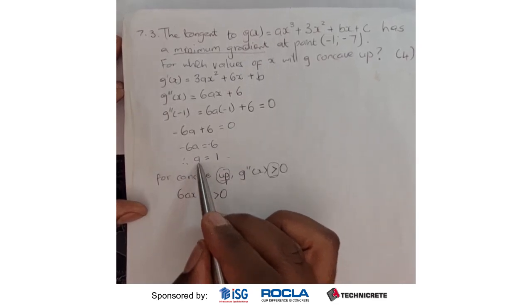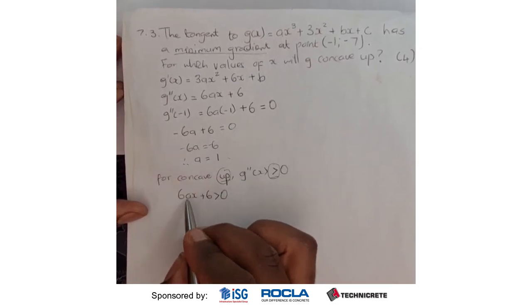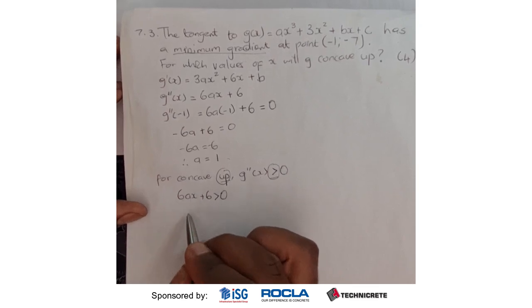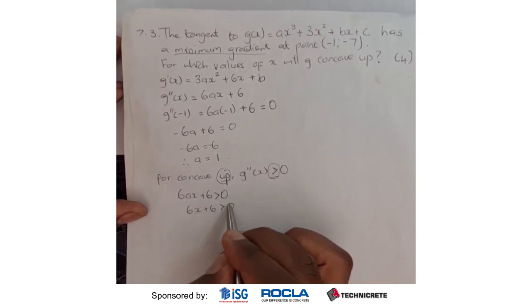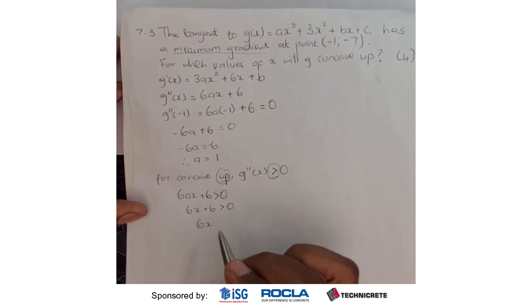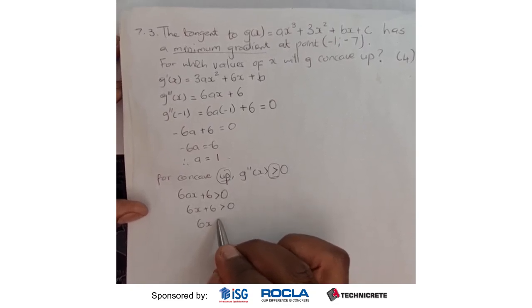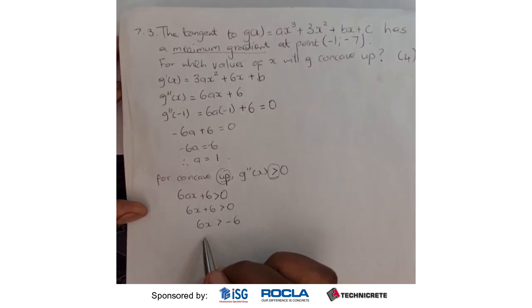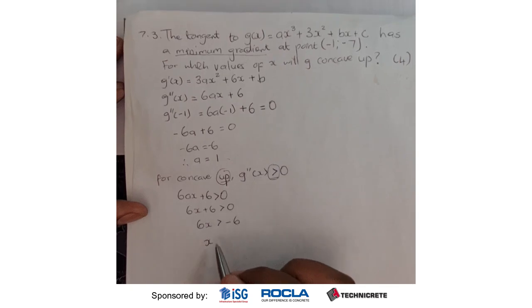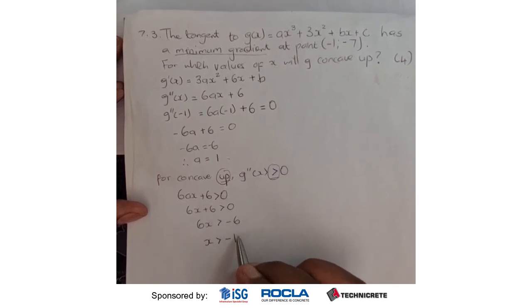But we've already found what a is. So we put a there and it multiplies out to give us 6x plus 6 greater than 0. 6x now being greater than -6, taking the 6 to the other side, and then dividing both sides by positive 6, and then x must be greater than -1.